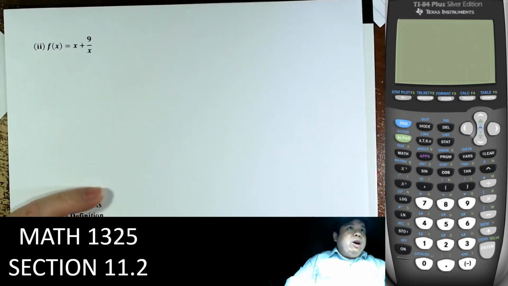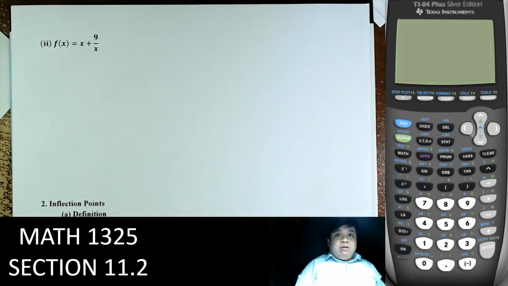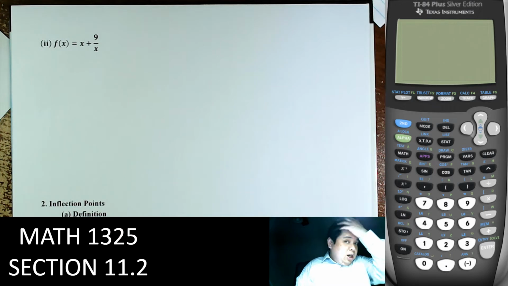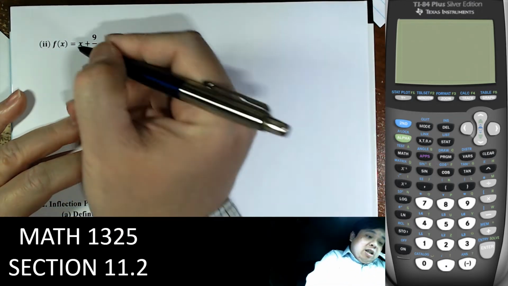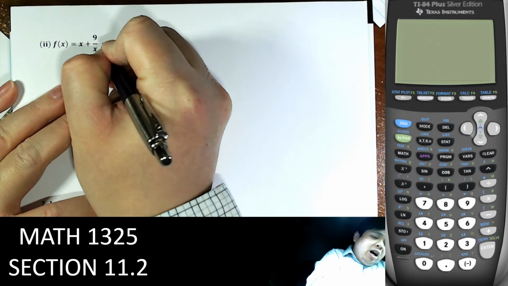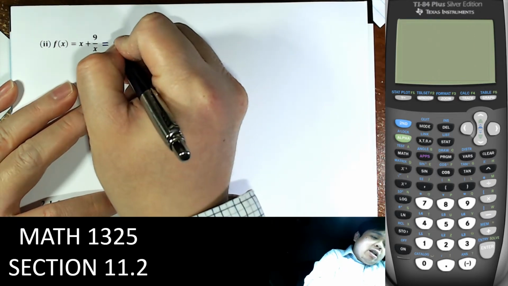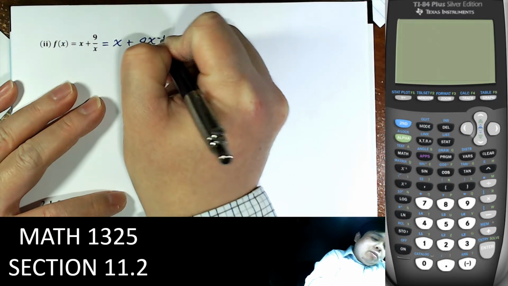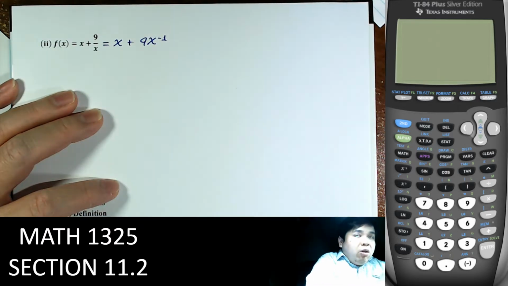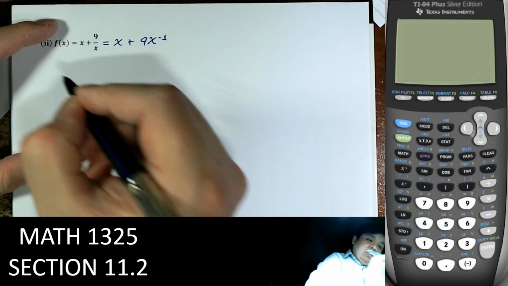Right, next we have this function. Once again, find the interval where the function is concave up and concave down. So that means we will take the second derivative. I will rewrite this as x plus 9 times x to the negative 1. Now with that we can find the derivative and then the second derivative.